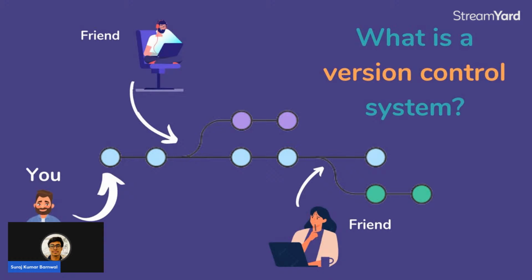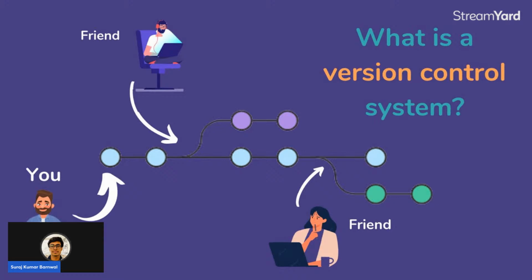So you allow your friend to work in this project, and your friend starts writing his own code. After some progress, your friend also wants to merge your code into his code or into your current progress. But that's what you don't want, because you want to work independently on your own project, right?